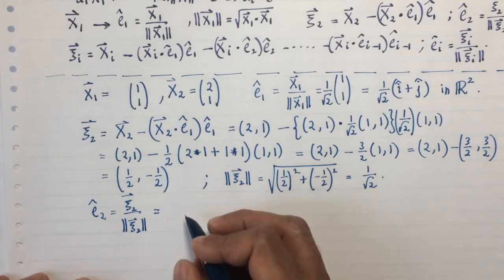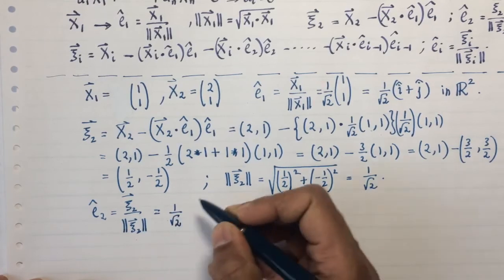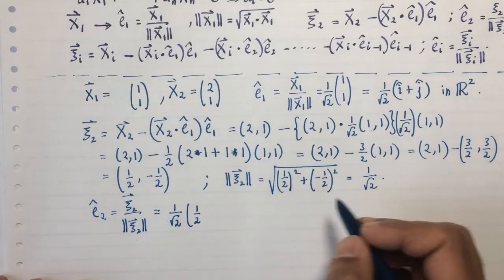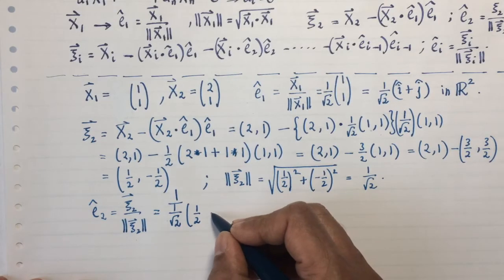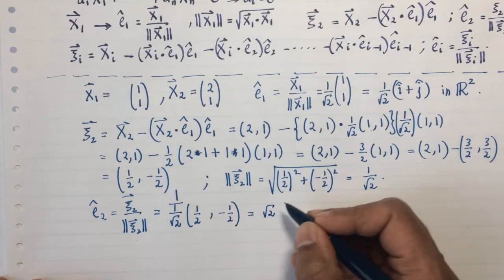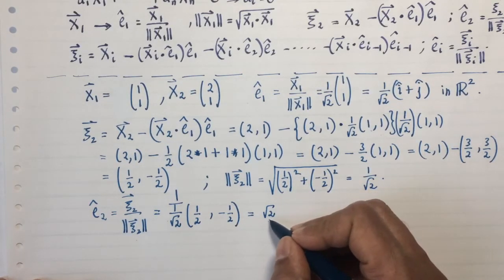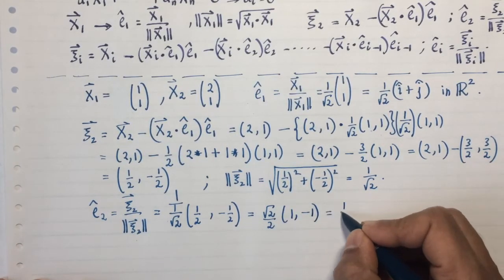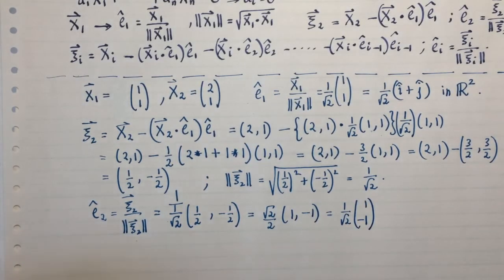So that's going to be 1 divided by 1 over root 2, so I should be careful here, times (half, minus half). So that's root 2 times, well, root 2 divided by 2 times (1, minus 1), or in other words, it's 1 over root 2, (1, minus 1), written in the column vector notation again.